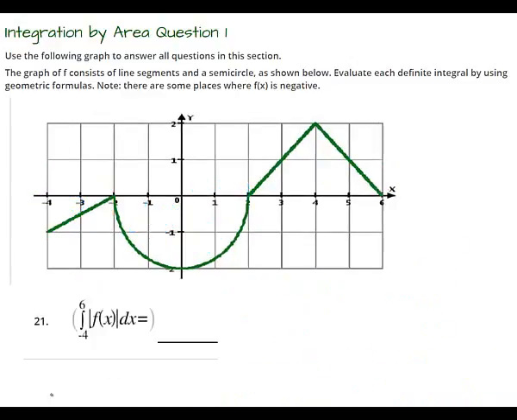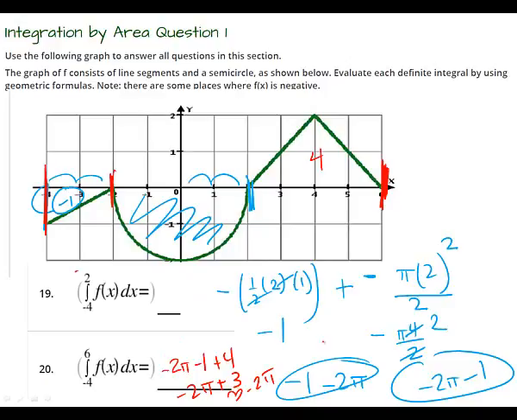Okay, let's look at that last one there. So this is asking us for the absolute value of it. Basically that means, and they want me to go all the way to here, I need to do the absolute value of these two areas. So I need to basically make them positive. So this area we already know is negative 1, so what are we going to use when we add it up here? 1. Okay, this one here, let's go back and look at what we did.